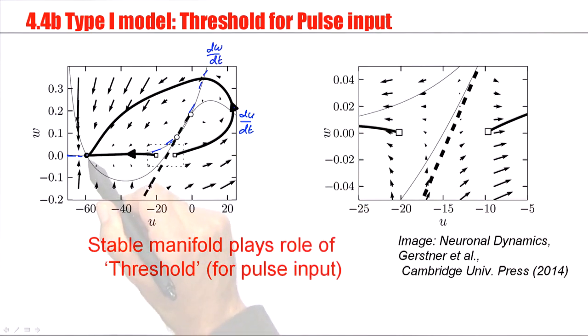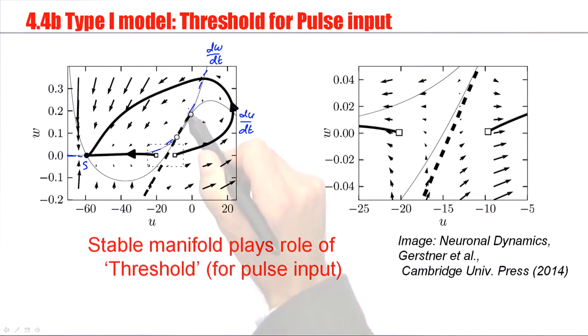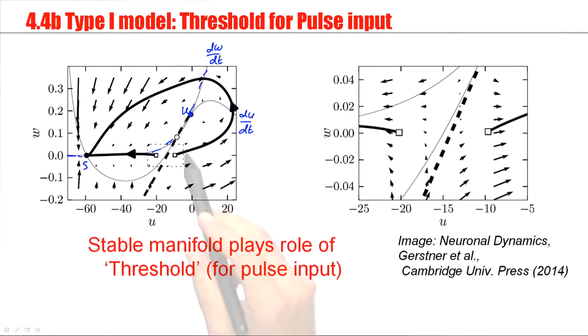And I have the three fixed points: a stable fixed point here, a saddle point over there, and an unstable fixed point over here. Now, if a trajectory starts to the right-hand side of this stable manifold, it makes the detour. If it starts to the left-hand side, it goes straight back.